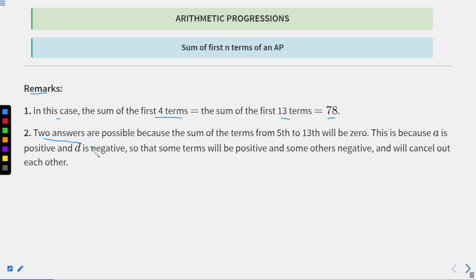This is because for a positive value of a and a negative value of d, some terms will be positive and some terms negative, and they will cancel out each other.